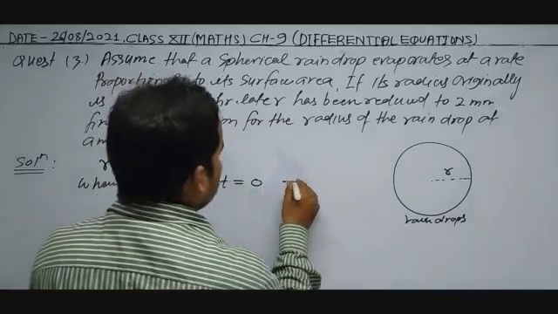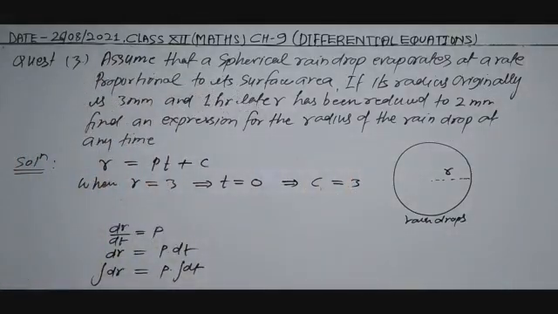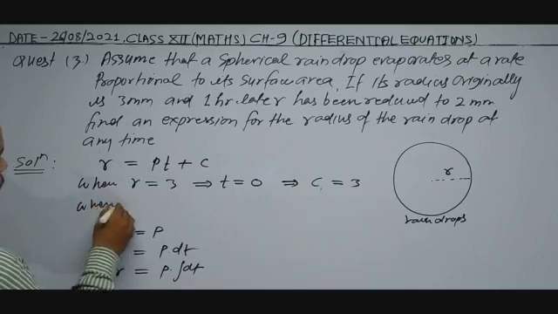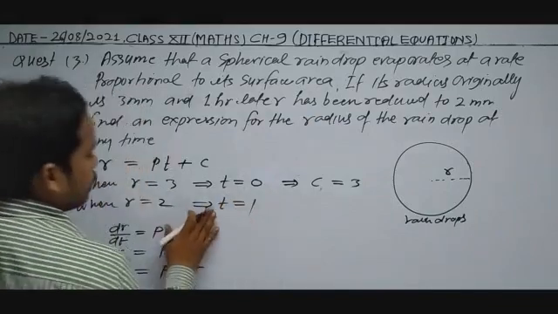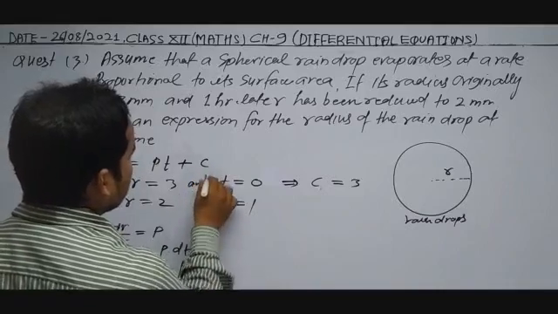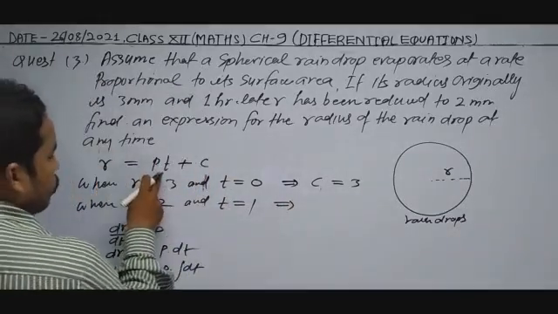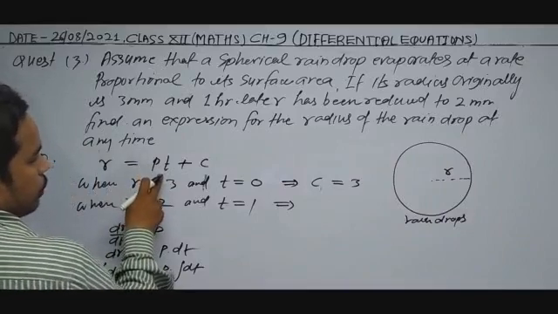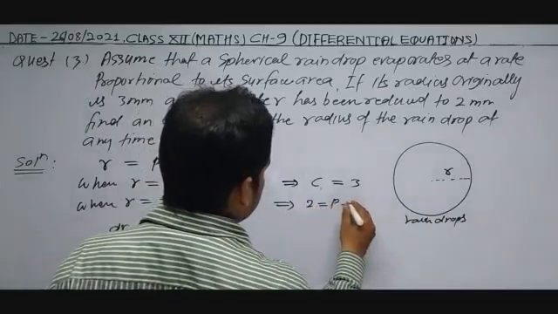And again, when we put r is equal to 2 millimeter and t is equal to 1, this implies 2 is equal to 1 into P plus 3, so 2 is equal to P plus 3.